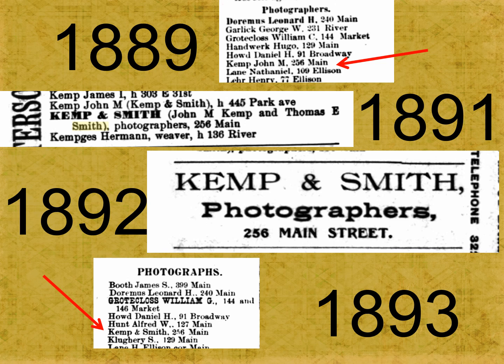From my research, I was able to determine that John Kemp was a photographer well established by 1889 in Paterson. In 1891, it suddenly becomes Kemp and Smith photographers, still at the same 256 address, and that remains the same through 1892 and 1893.